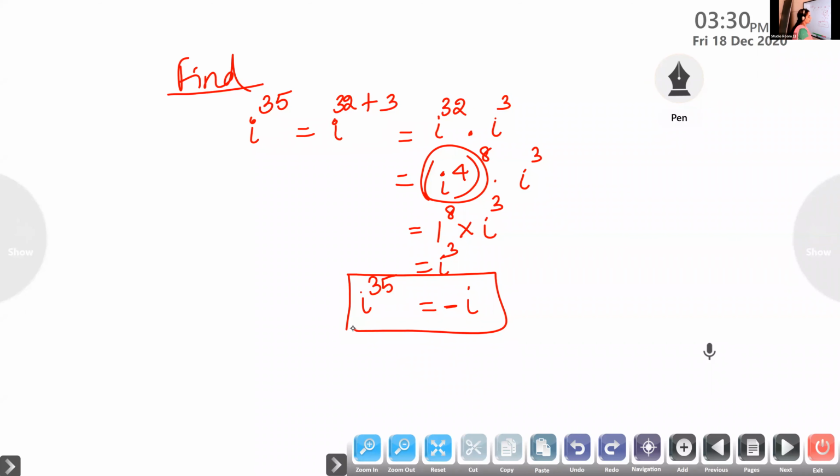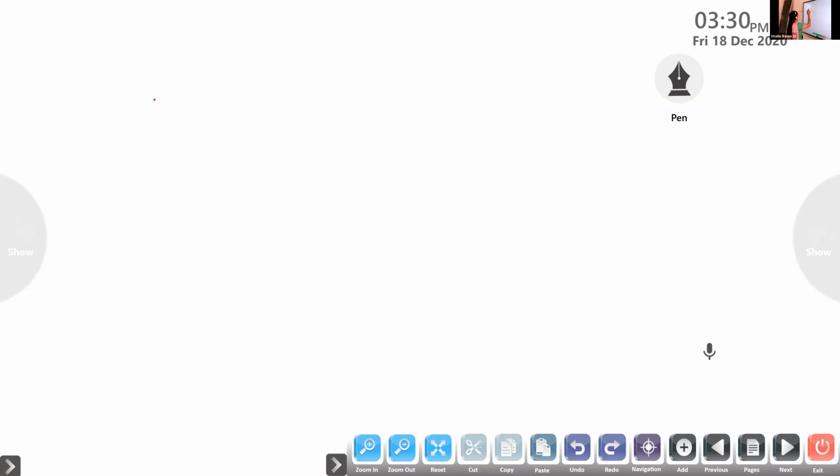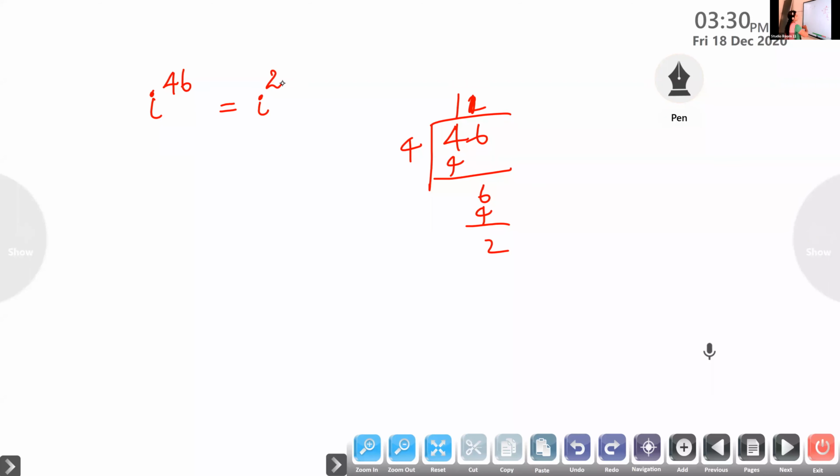Okay, now let's do another one. What is i raised to 46? Hereafter, we will not be writing the steps like the previous one. What you can do? Divide 46 by 4. 4 ones are 4, then 6, 4 ones are 4. What is the balance? 2, isn't it? So i raised to 46 will be same as i square.